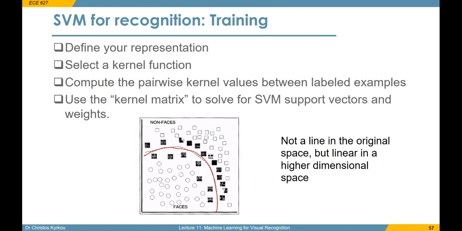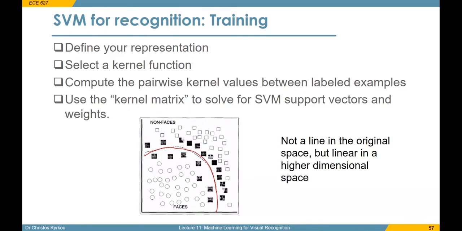We first have to define our representation, so we can use HOG features, for example. We select a kernel function, compute the pairwise kernel values between the labeled examples, and find the weights, biases and the support vectors.